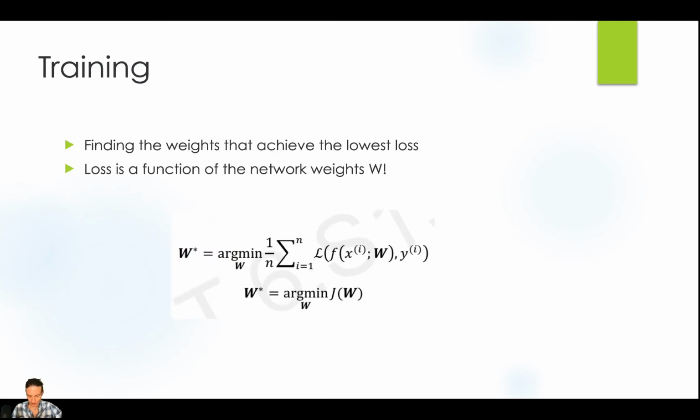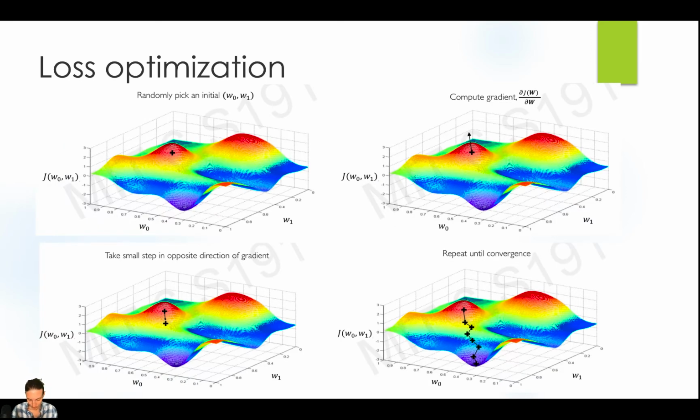So how do we train the models to optimize the loss functions? We want to find the weights that achieve the lowest loss, as defined by our function J of W earlier. So J, the total loss of the network, given weights W. When we do our loss optimization, we get into the domain of optimization, which is quite complex.